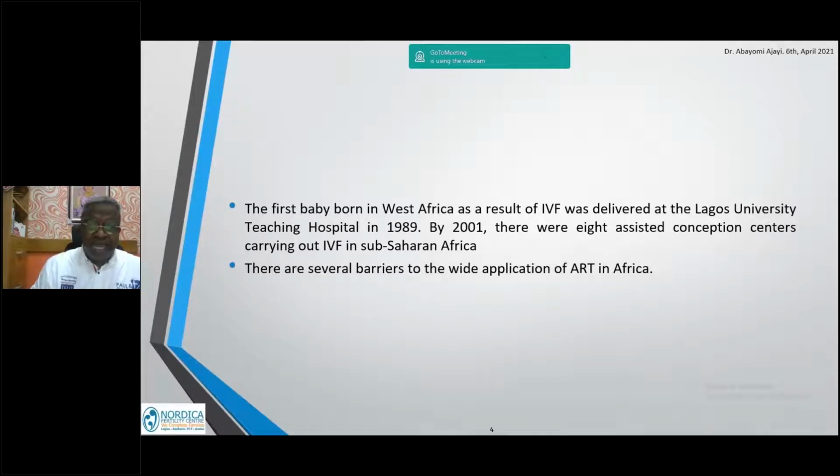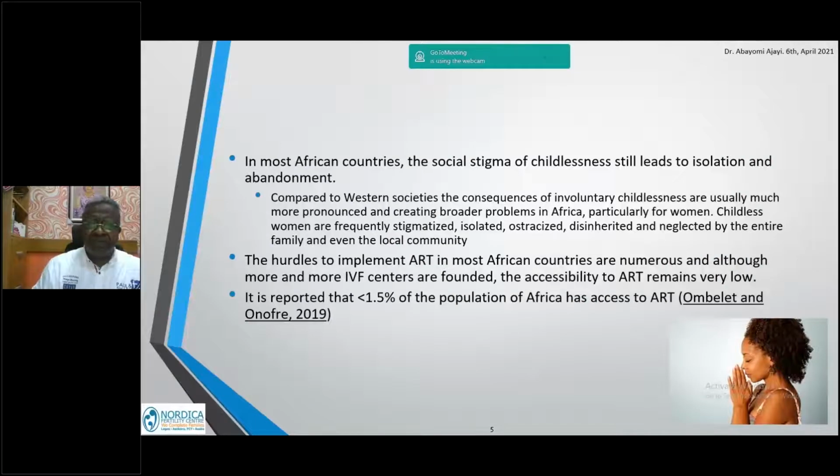There are several barriers to the wide application of ART in Africa. We're going to try to go over some of them. But we know that infertility is still a big problem, especially in African countries where there's a social stigma of childlessness, which can lead to isolation and abandonment.